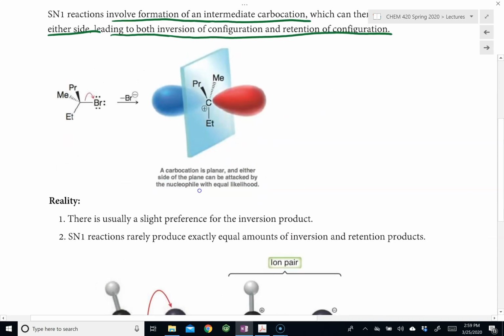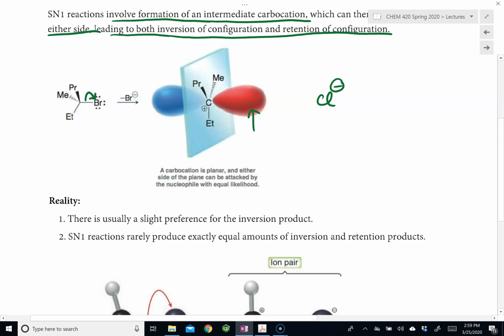So here's a diagram to explain this. First, let's say we have this example and we do an SN1 reaction mechanism. The first step that will happen is the loss of the leaving group. Once this leaves, we will have a carbocation here. The next step is the nucleophile coming in to attack this.